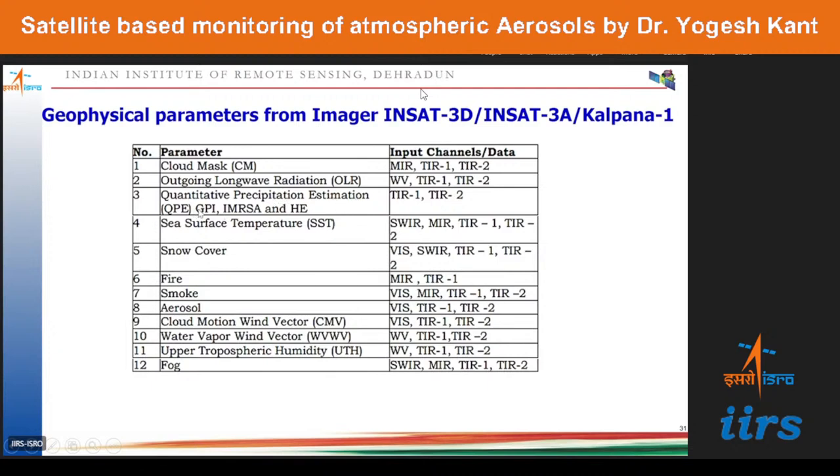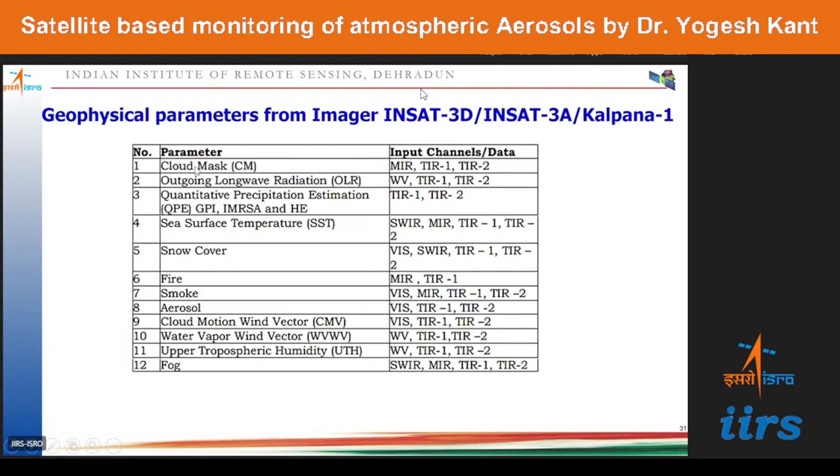It gives a quantitative estimation of the rainfall. Of course, the sea surface temperature, the snow cover, fire, smoke, of course aerosol, the cloud motion vectors, the water vapor wind vector, the upper tropospheric humidity, fog. So these are the geophysical parameters which are used to study, and this can be used in different models to estimate or to understand a particular phenomenon.